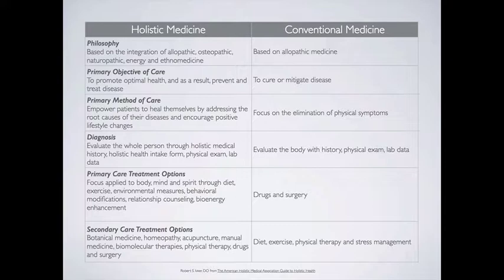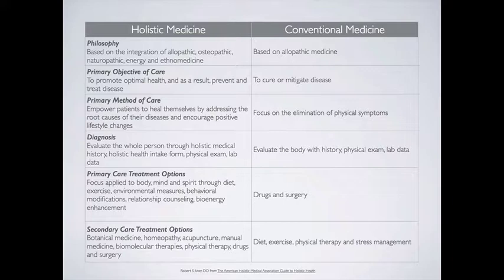So you see here this is sort of flip-flopped, right? The conventional paradigm starts with drugs and surgery and then may move down secondarily to diet, exercise, physical therapy, and stress management. Whereas the holistic people tend to start here and then move down to different modalities. That's of course not the entire difference.